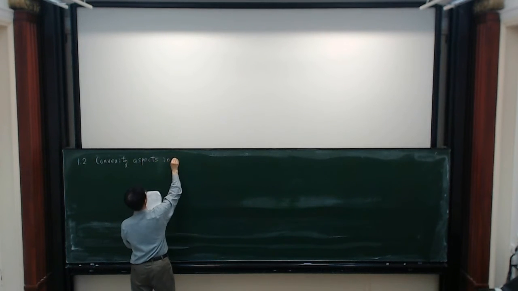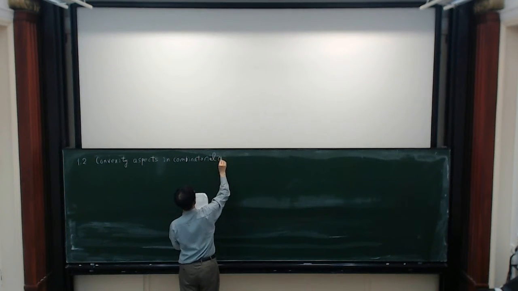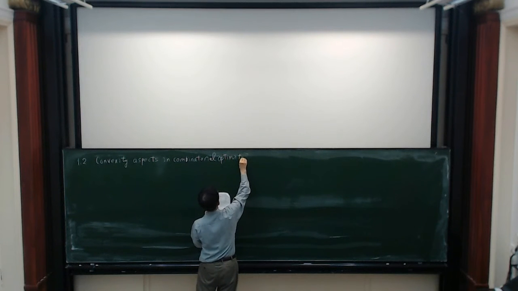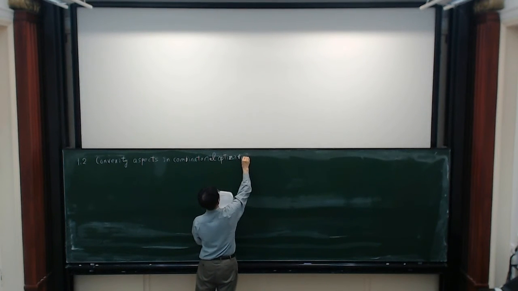Okay, so now the second part of today's lecture is the convexity aspect in combinatorial optimization. So let us start with minimum spanning tree.